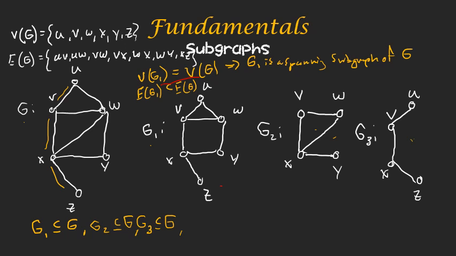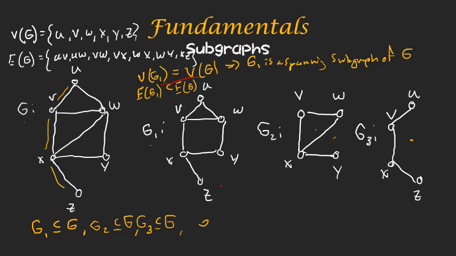We can also talk about this idea of an induced subgraph. So an induced subgraph means the vertices aren't necessarily the same, but the edges should be consistent among the two graphs. So what does that mean? It means, so let me pick one out here.